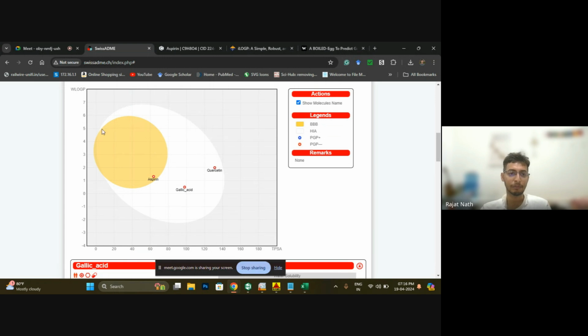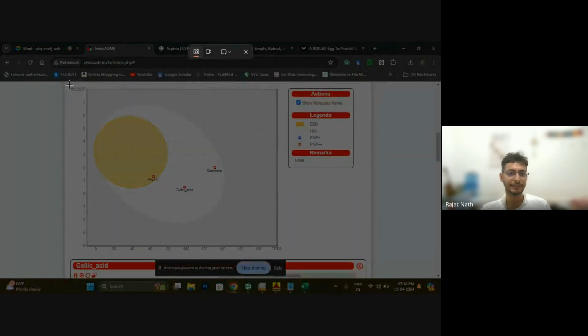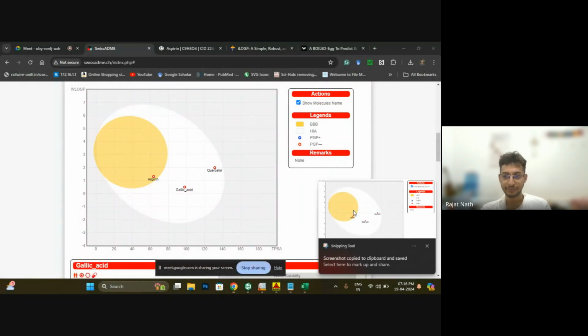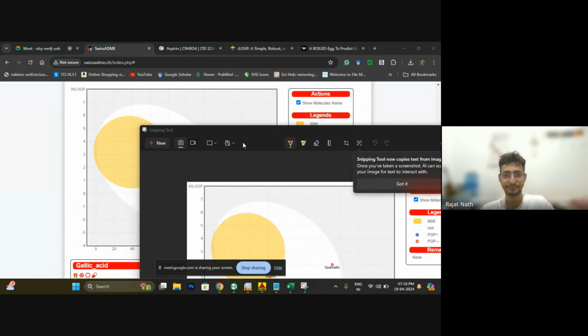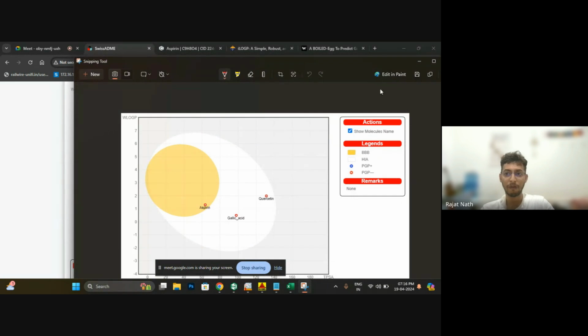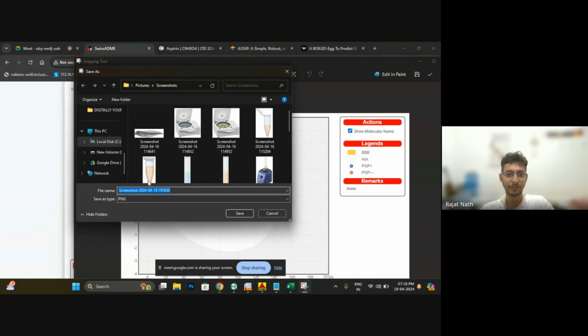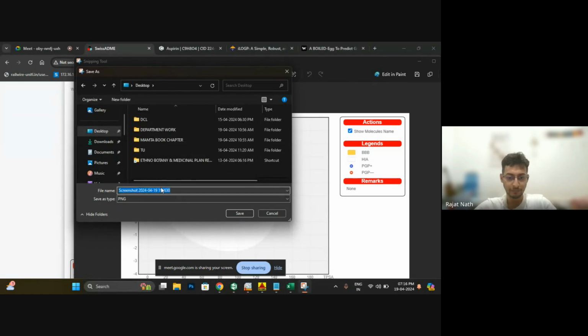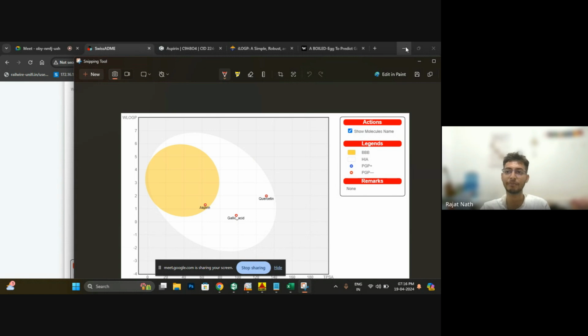Okay, so this was the boiled egg structure. You can just take a screenshot of this structure. This is the screenshot I am taking. Save this structure as... I am saving this structure as compounds.